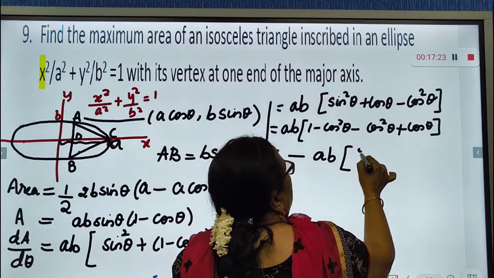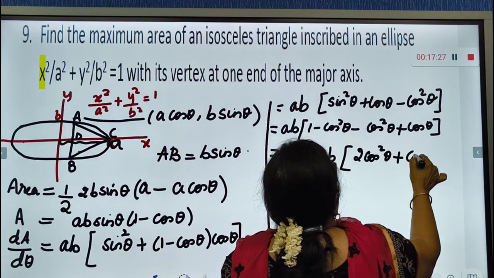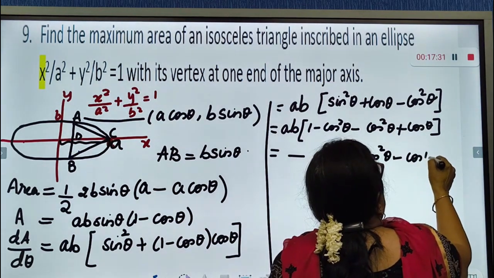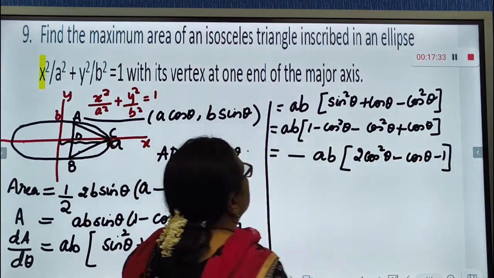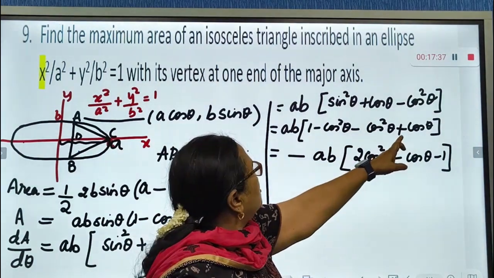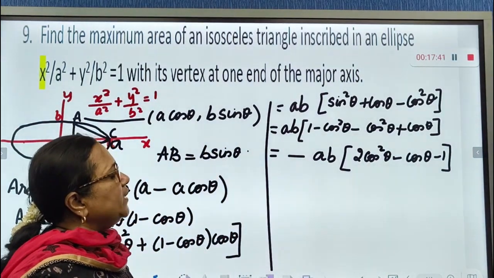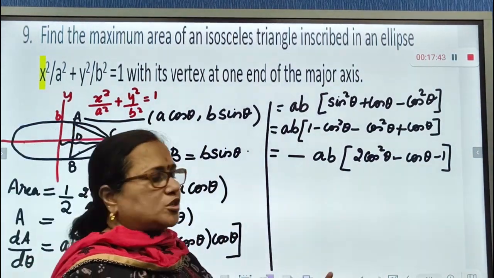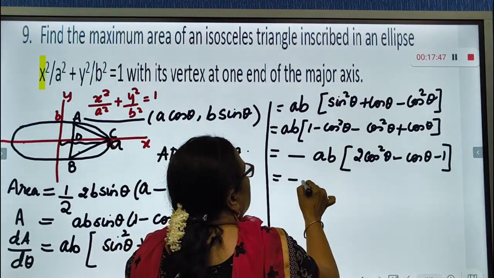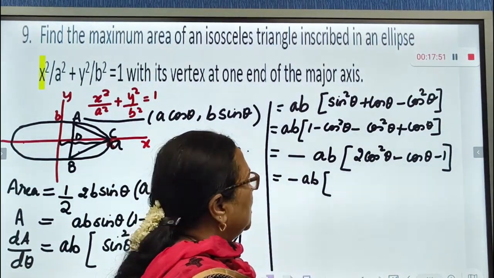Cos square theta plus cos square theta is 2 cos square theta, plus cos theta, minus 1. So this plus 1 I have written as minus into minus 1, this plus cos theta as minus into minus cos theta, and minus cos square theta minus cos square theta is minus 2 cos square theta, minus I have taken outside. So this is minus AB into, this is of the form 2x square minus x minus 1.